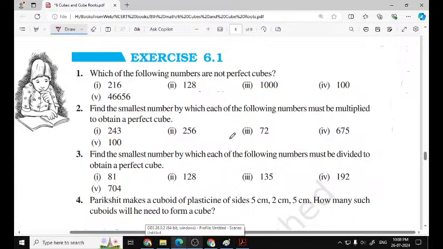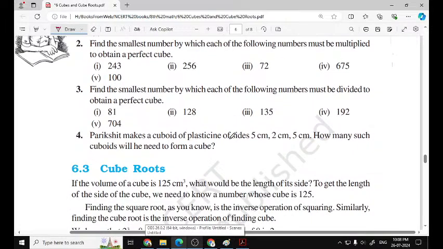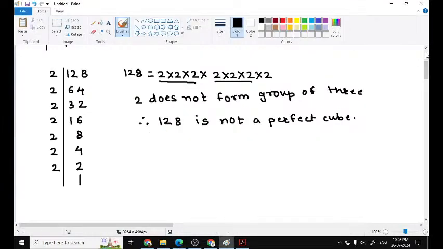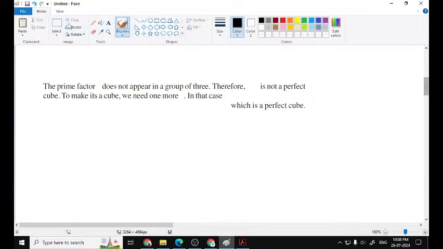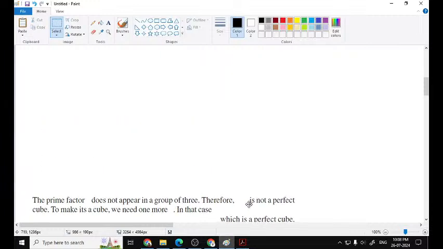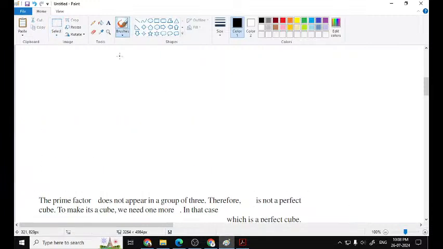Find the smallest number by which each of the following numbers must be multiplied to obtain a perfect cube. Let us solve 243. The method is the same, it is prime factorization. This is an odd number, not divisible by 2, but the sum of the digits is 2 plus 4 is 6, 6 plus 3 is 9, which is a multiple of 3.